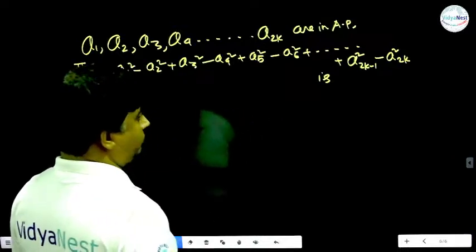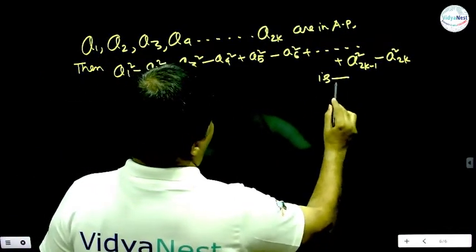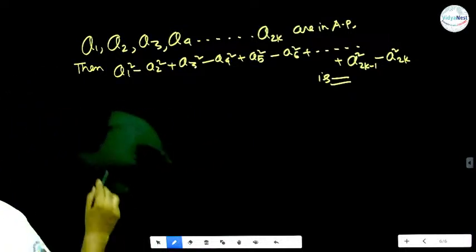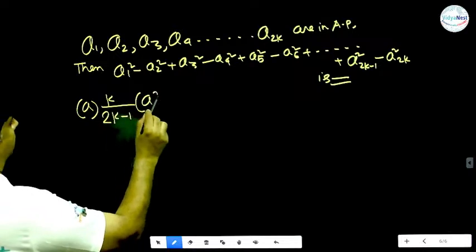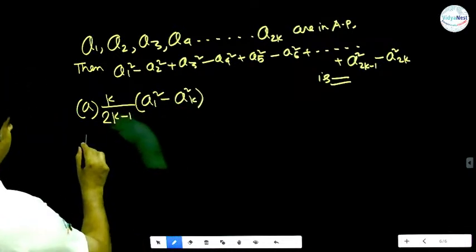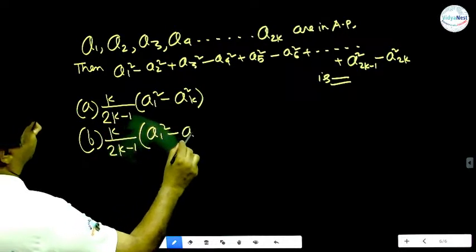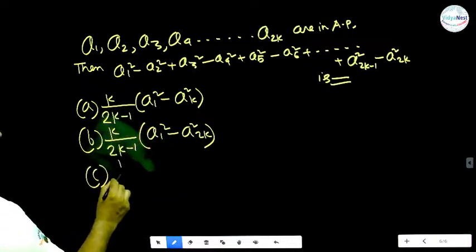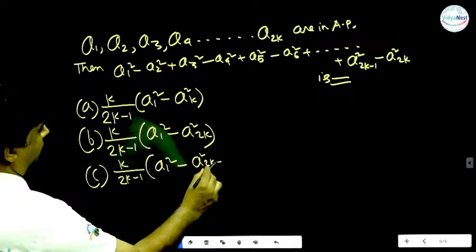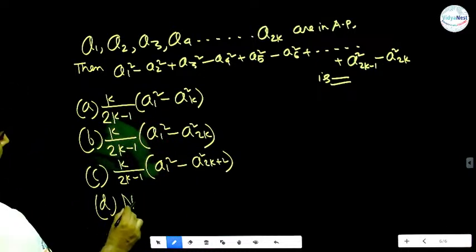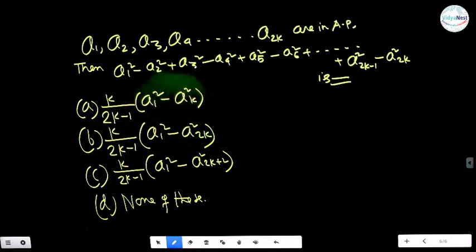Option A, option B, none of this. So this is the combination of previous sum or previous to previous sum.